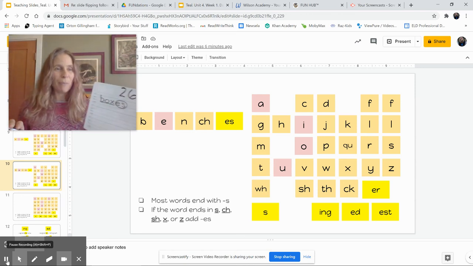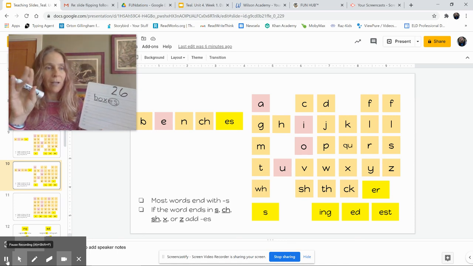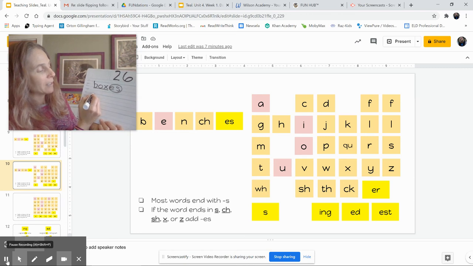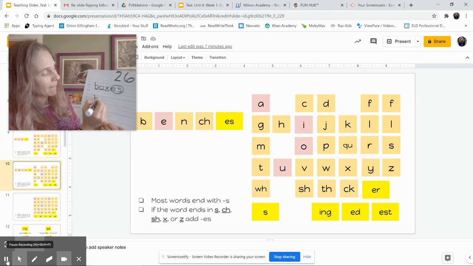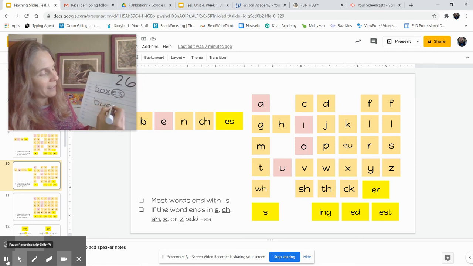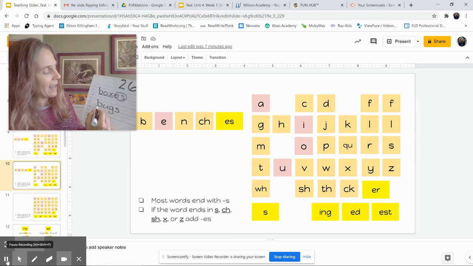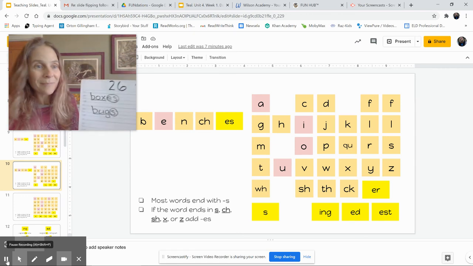Tap out the base word bug. Bug. Now let's write bug. And we're going to add our suffix S. And underline our base word and circle our suffix, bugs.